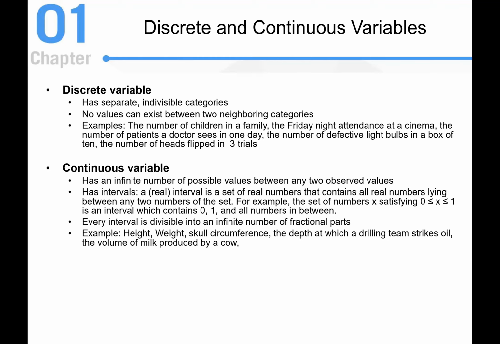Volume itself is measured in liters, right? We could go into milliliters, all kinds of different values between 1 liter and another liter. All right. So those are the differences between continuous variables and discrete variables.